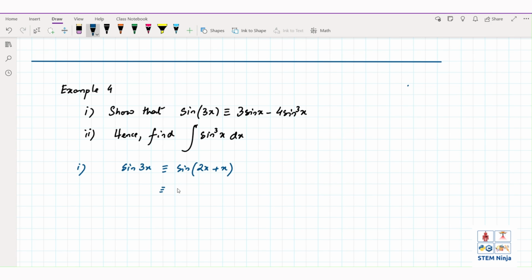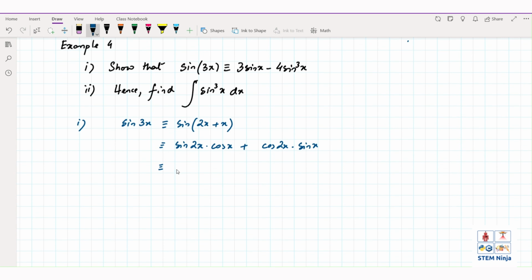So using the angle addition formulae, this becomes sine 2x times cos of x plus cos of 2x times sine of x. So sine 2x is basically just 2 sine x cos x times cos x plus, since we want to convert it into sine form over here, we will use 1 minus 2 sine squared x times sine x.